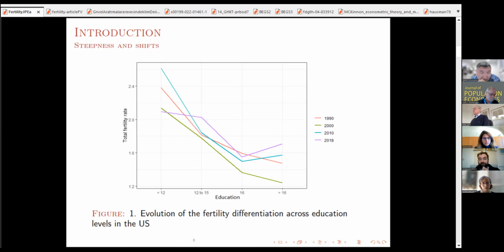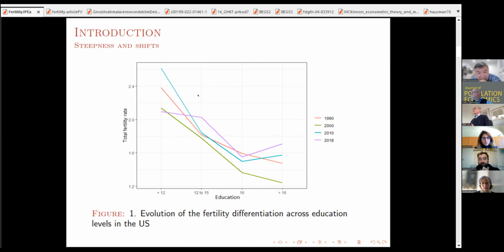Here we have data on fertility differentiation across education levels for the US, for different years. As you can see, this relation between education and total fertility rates is shifting over time.